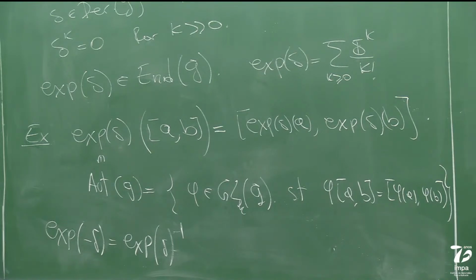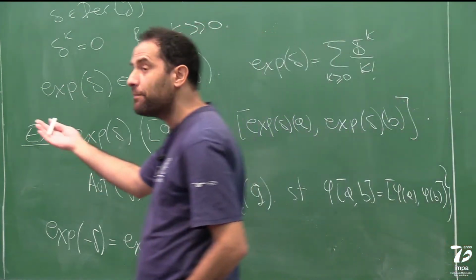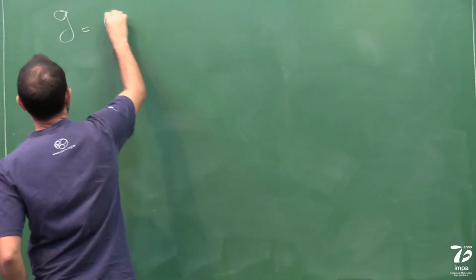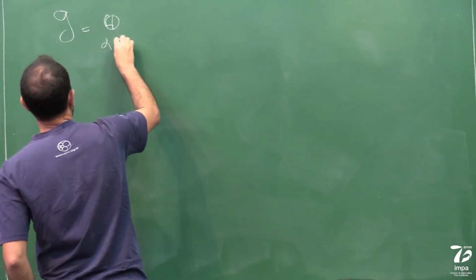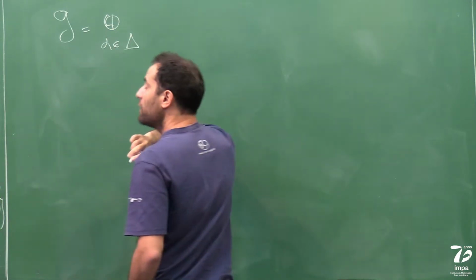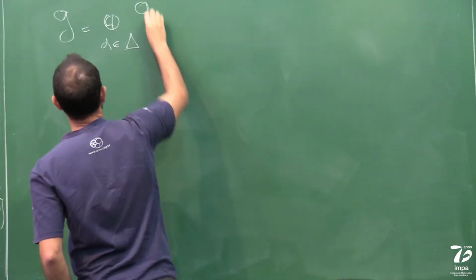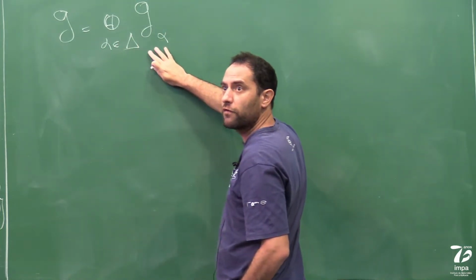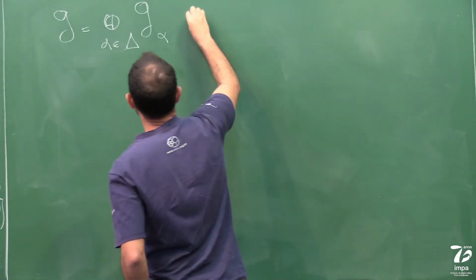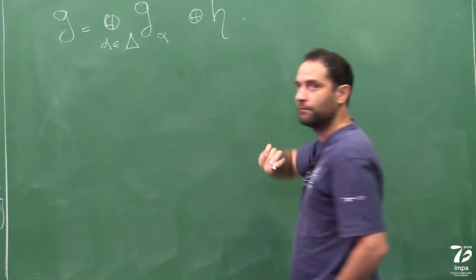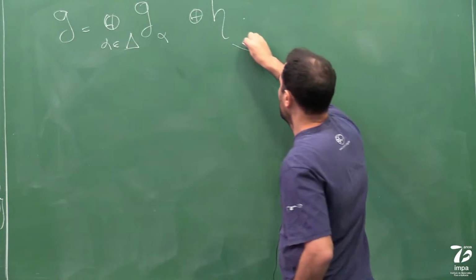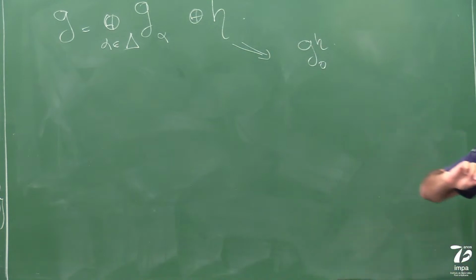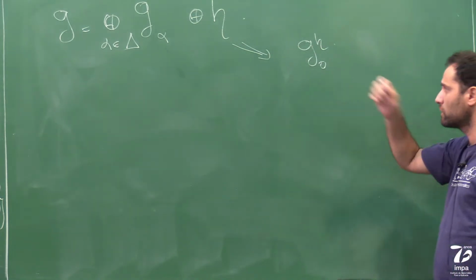Now notice, remember that once we choose a Cartan subalgebra of G, then we get a decomposition of G as a direct sum of G alpha. These were by definition the generalized roots. So I'm not assuming that G is semisimple. So these are the non-zero eigenvalues of the adjoint action of the Cartan subalgebra, plus the zeroth generalized eigenvalue space of the adjoint action of the Cartan subalgebra.